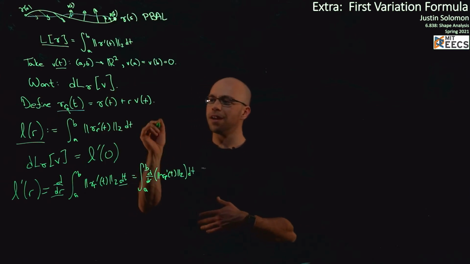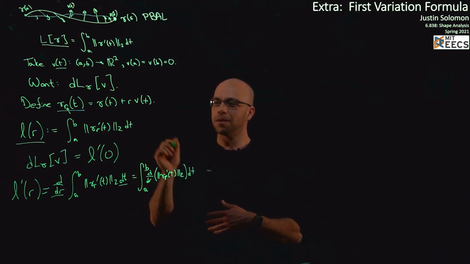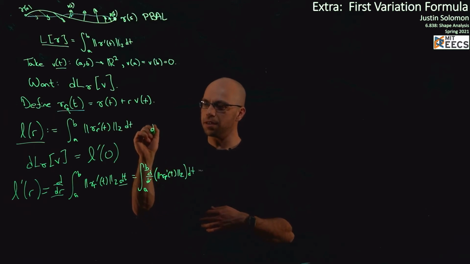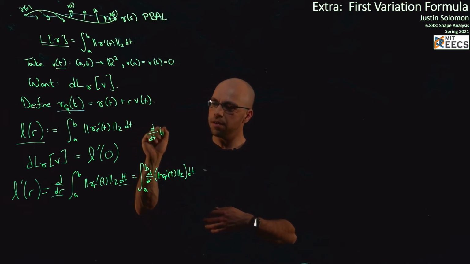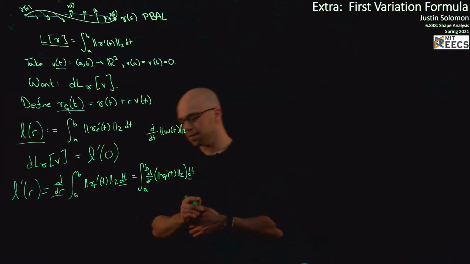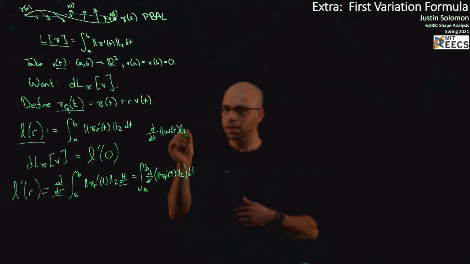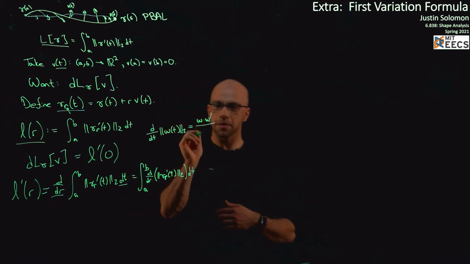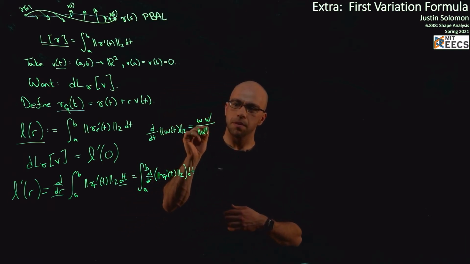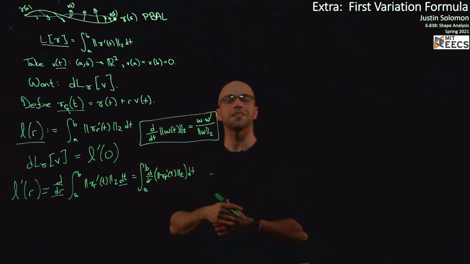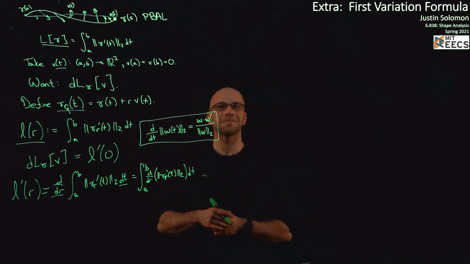In general, if I have some vector w of t, then I can differentiate its norm as follows. d over dt of the norm of w of t, this is just a generic formula, is equal to w dot product w prime divided by the norm of w. This is just a useful identity to know, and you should prove it at home. This is just a vector calculus kind of an exercise.